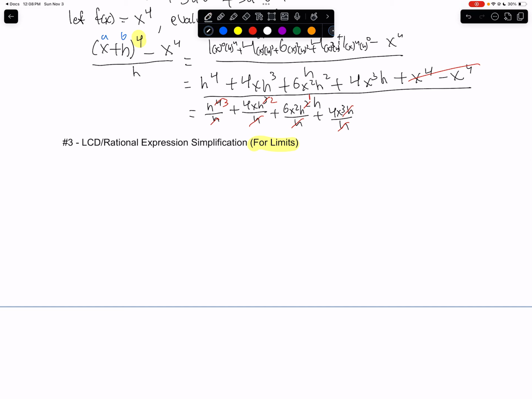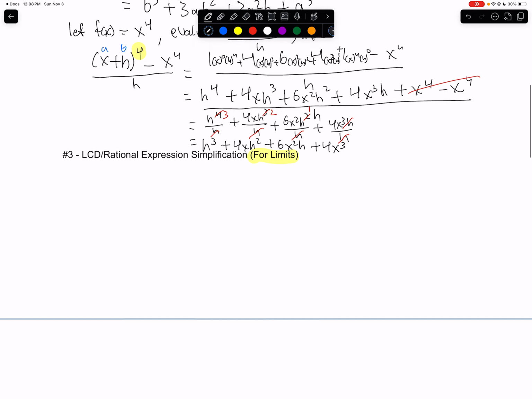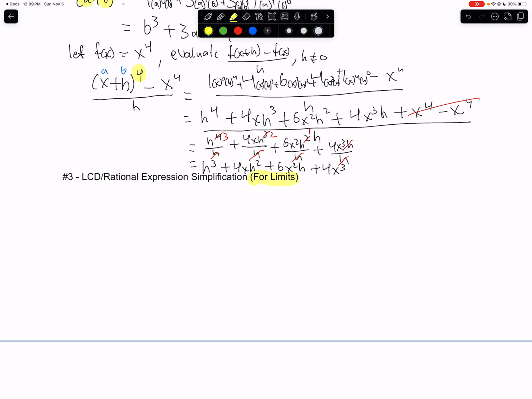Then it'll just be h cubed plus 4xh squared plus 6x squared h plus 4x cubed. And that should be the answer to your difference quotient.